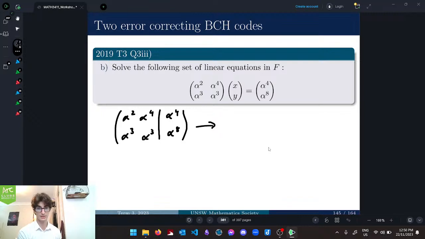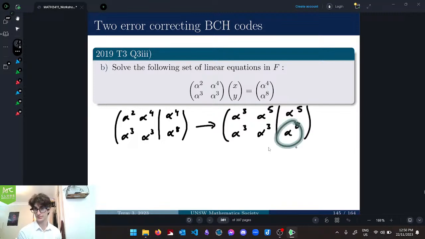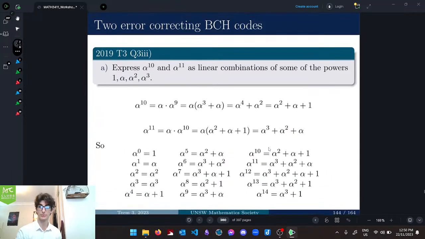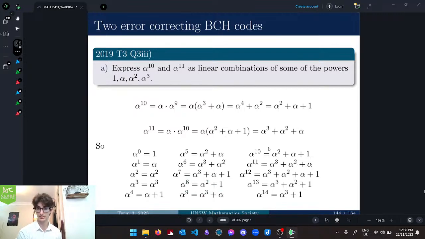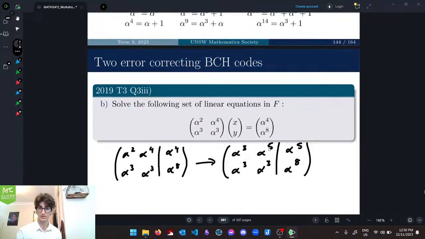So using our techniques of row reduction, we'll multiply all of this row by alpha. We'll get alpha cubed, alpha to 4, alpha to 5, alpha to 5, alpha to 3, alpha to 3, alpha to the 8. I am hesitant to substitute in what we already know these alphas to be, just because I think it's going to become quite a large problem.